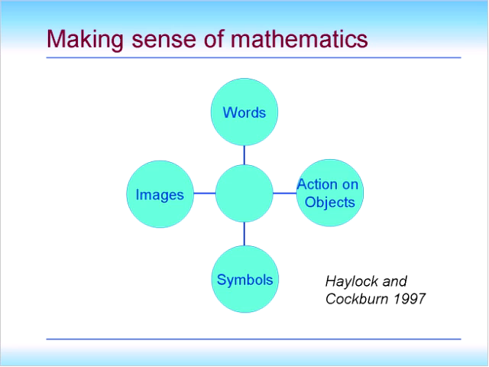Now, this session is going to focus on the connections that children make between words, images, objects and symbols. This is obviously a key way that children make sense of mathematics. Haylock and Coburn came up with this diagram.